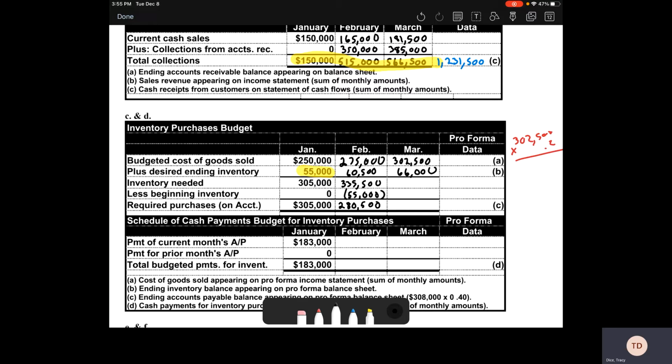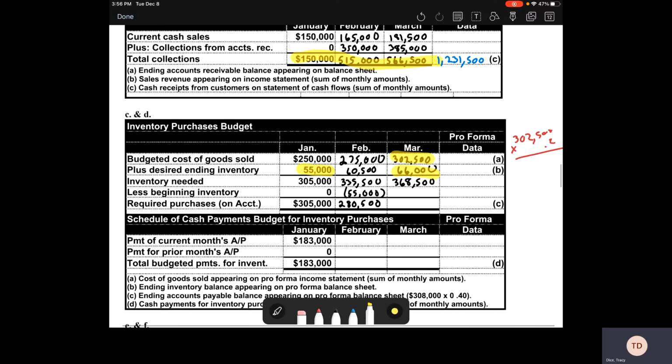So now we repeat that process for March. So we add the 302,500 plus your 66,000. So I'm just adding these two together. And we end up with $368,500 worth of inventory needed. We start with what we ended February with, which is that 60,500.